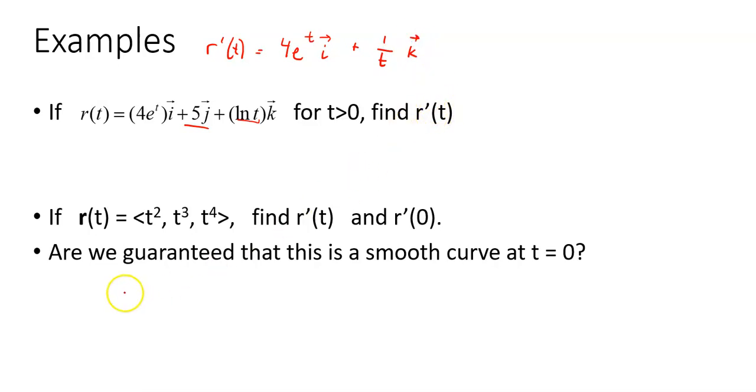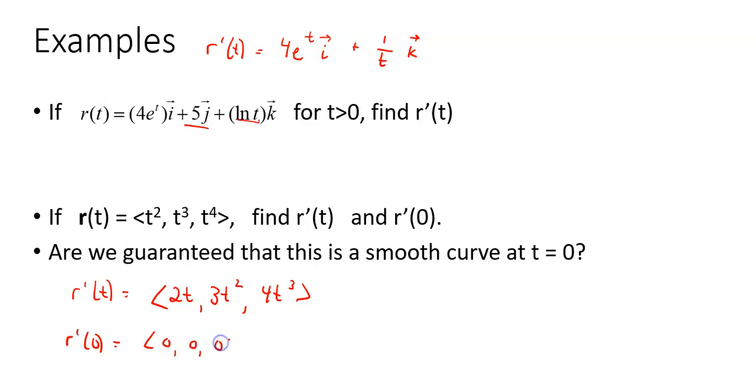Okay. This one down the bottom says if r of t equals t squared, t to the third, t to the fourth, find r prime and r prime of 0. Is it smooth? So r prime of t seems like an easy thing to do, right? Power rule: 2t, 3t squared, 4t to the third. It looks even easier to find r prime of 0, which is just 0, 0, 0.